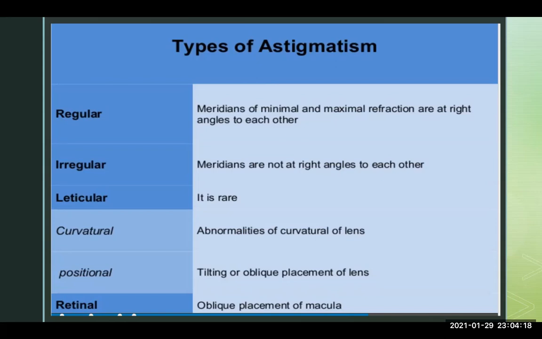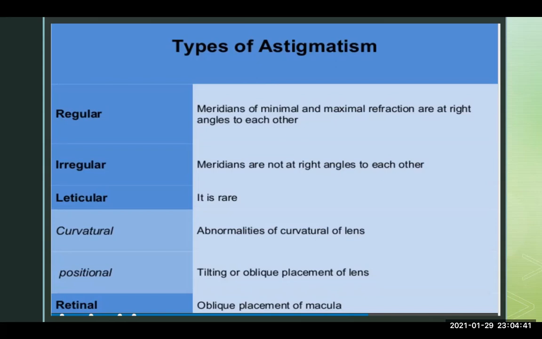The lenticular astigmatism is rare. But it's present, but it's not common like the corneal one. Curvature abnormalities of the lens, positional, tilting, or oblique placement of the lens. This is lenticular astigmatism.